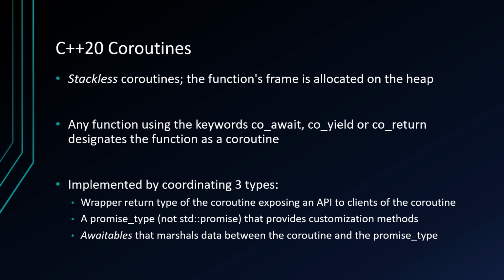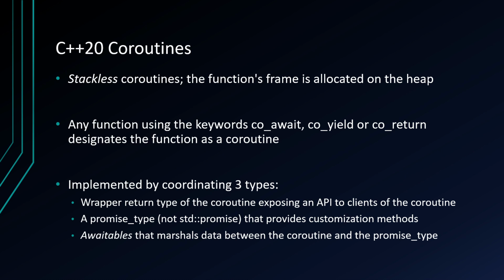And there are really three types that interact with each other to implement a coroutine. There's a wrapper type, and when you write a coroutine function, the return type of the function specifies the type of the wrapper.